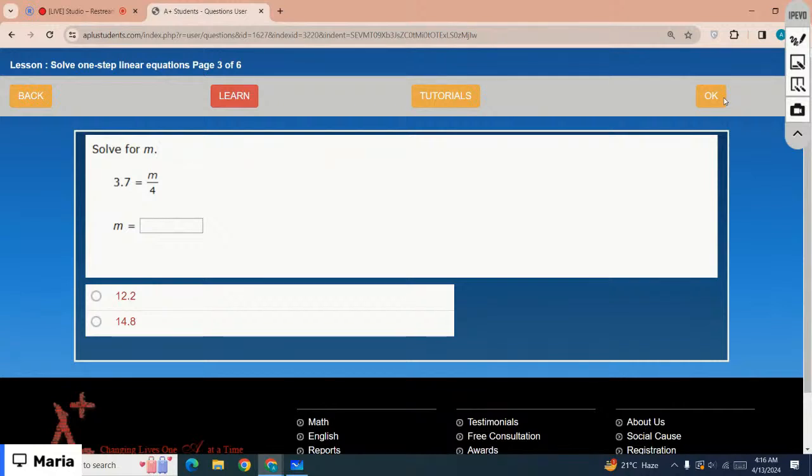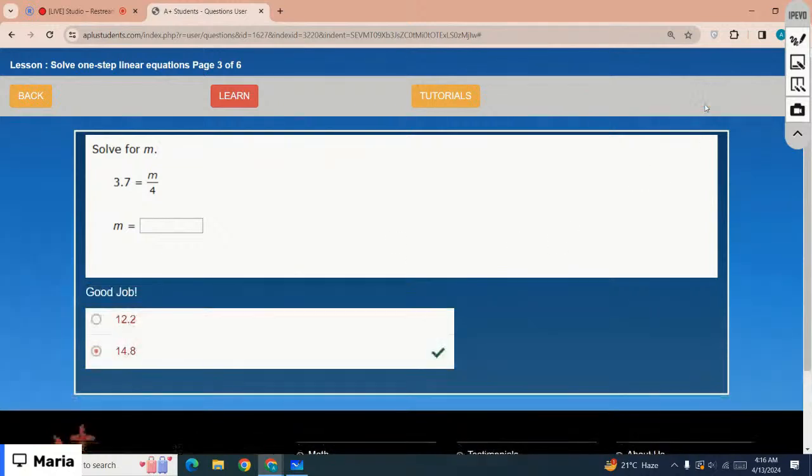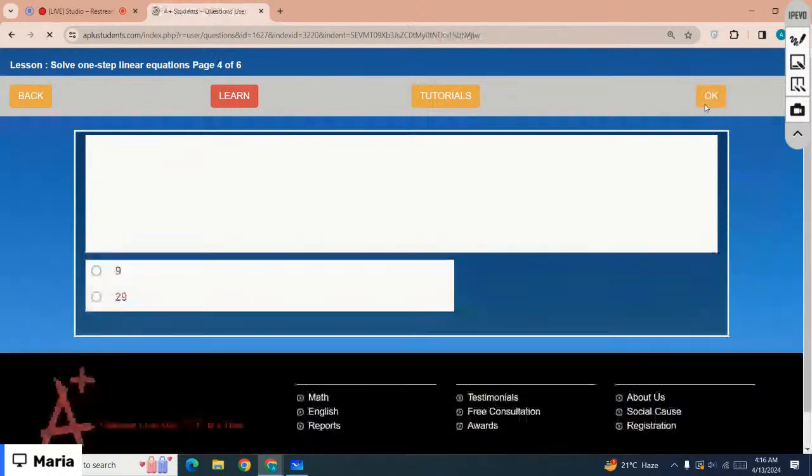You're not given with the correct option, isn't it? That's the one we did on the tutorial. 3 times 7 is, if you can consider it's 3.7, then that would be 14.8. Option 2 is the correct option. Yes, that is 3.7, not 3 times 7, right?